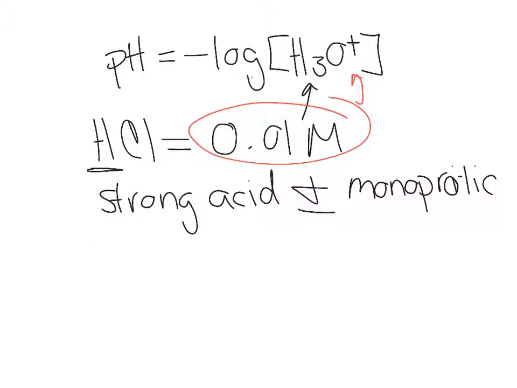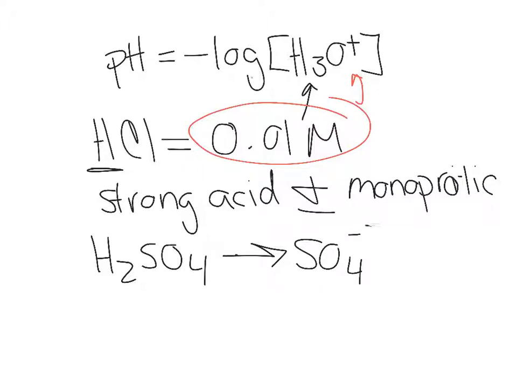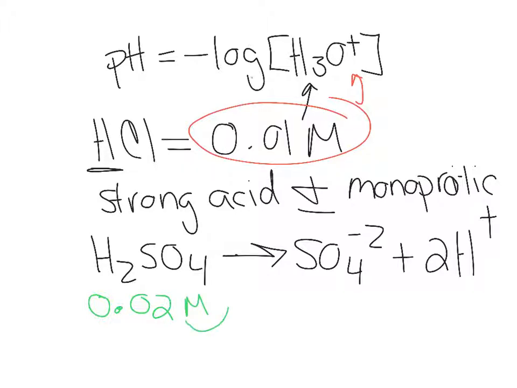We have some strong acids like H2SO4, but H2SO4 splits up into 2 hydrogen ions. When H2SO4 splits up into 2 hydrogen ions, it's not a 1-to-1 mole ratio anymore. So if I have a 0.02 molar sulfuric acid, I can't just plug in 0.02 for the concentration of the hydrogen ion, because that's not true anymore.